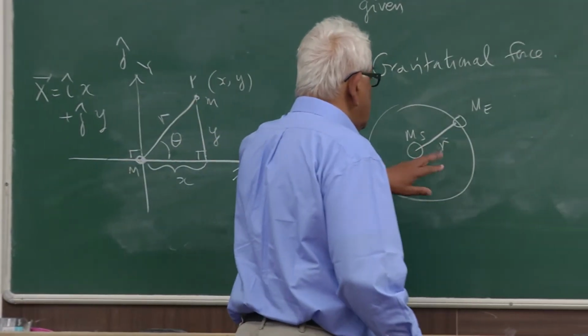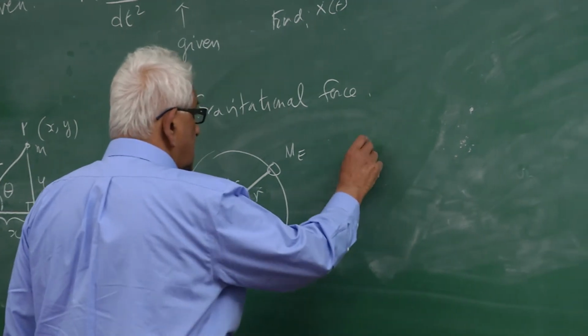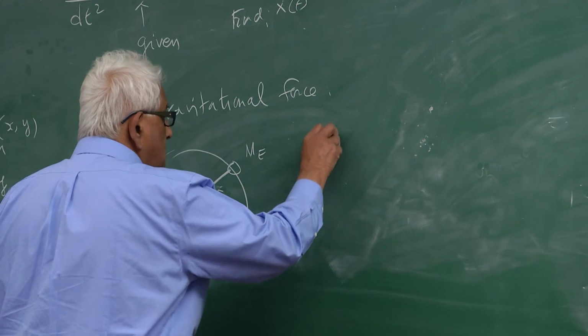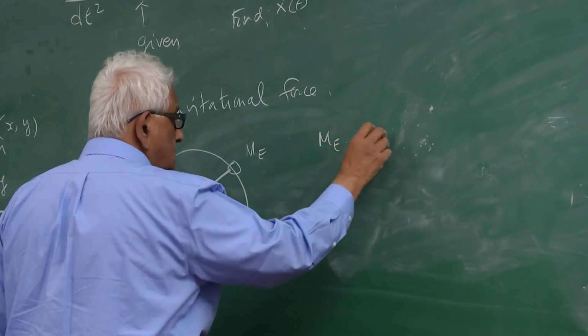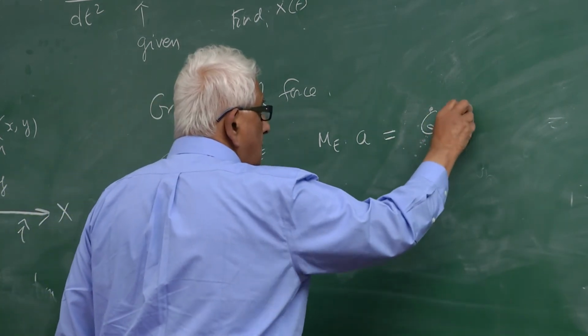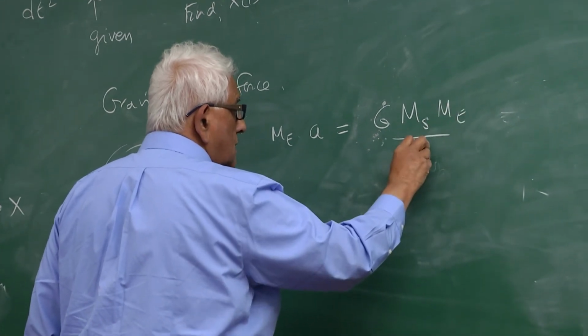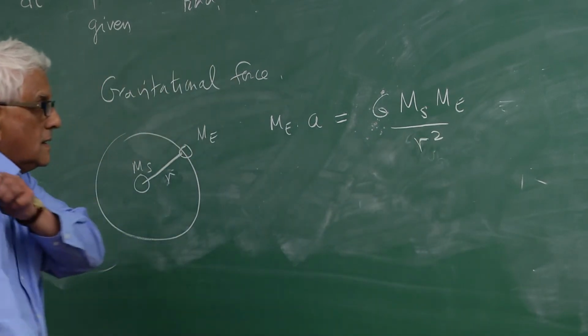So to do that, what you have is m Earth times the acceleration of the Earth around the Sun is equal to G m Sun m Earth over r squared, right?